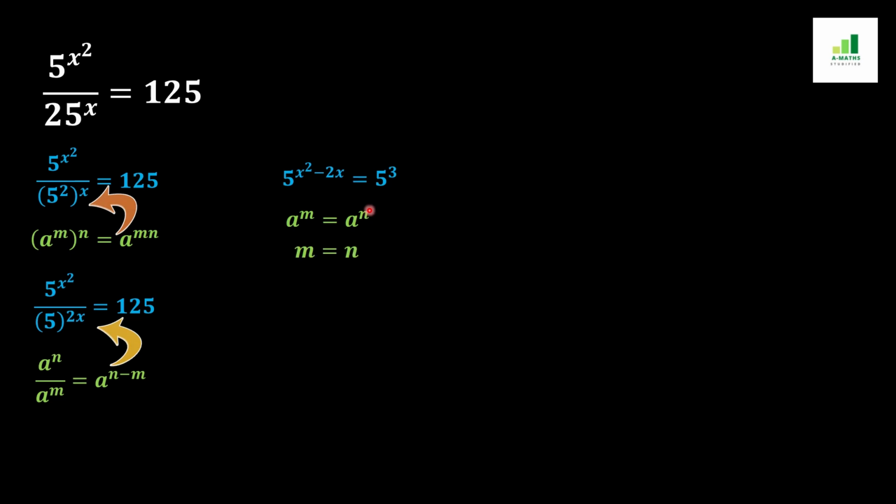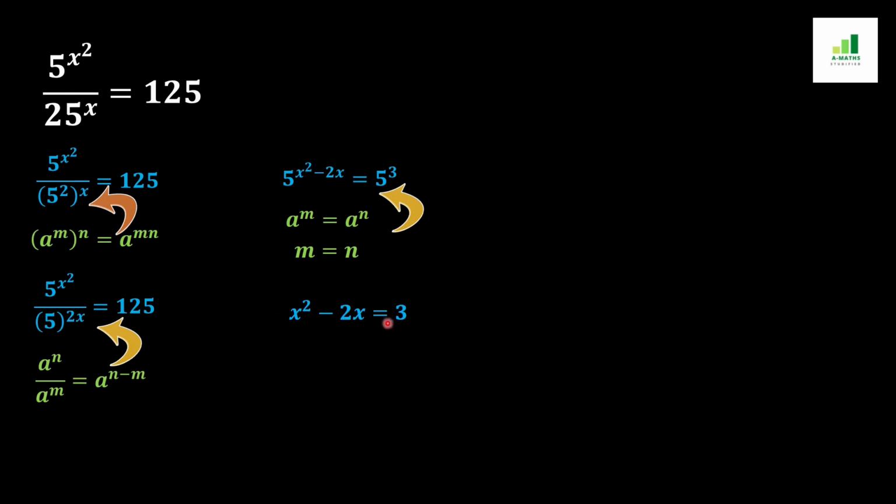So here we apply the same rule. You can see that the two bases are equal in magnitude, then their powers are also equal. So after applying this rule on this equation, we should get x squared minus 2x is equal to 3.